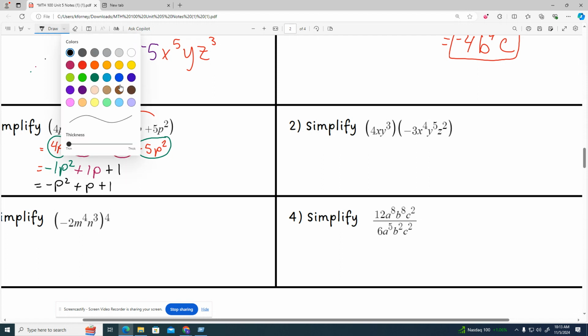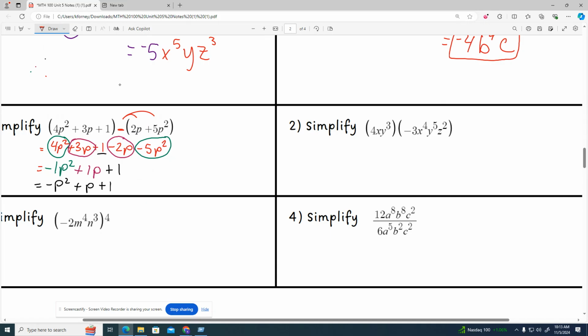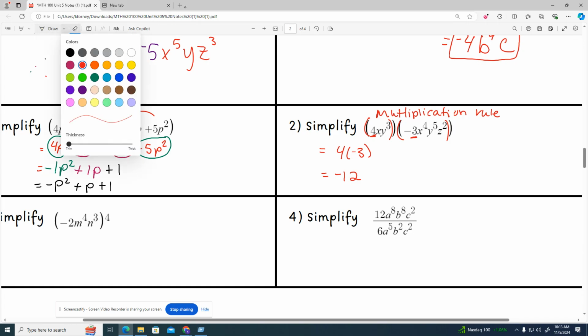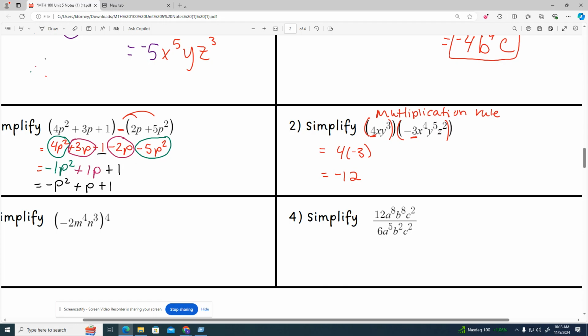Now, number 2, what operation is going on here? In number 2, I have something beside another something. So this is multiplication. This is the multiplication rule. And so the multiplication rule tells us to multiply coefficients. So 4 times negative 3. And what do we do with exponents? We add our exponents.